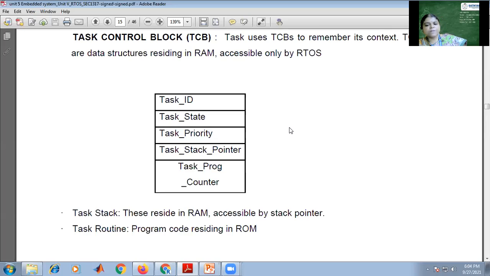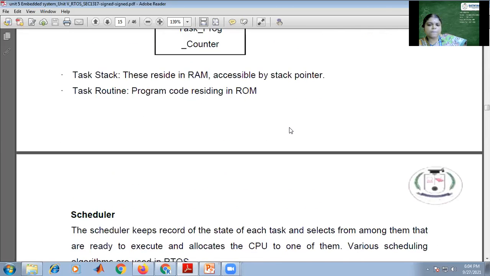The stack pointer is similar to the unit where the content is available, which will be indicated in the stack pointer. And the program counter will hold the address of the memory location from which this task program is decided.